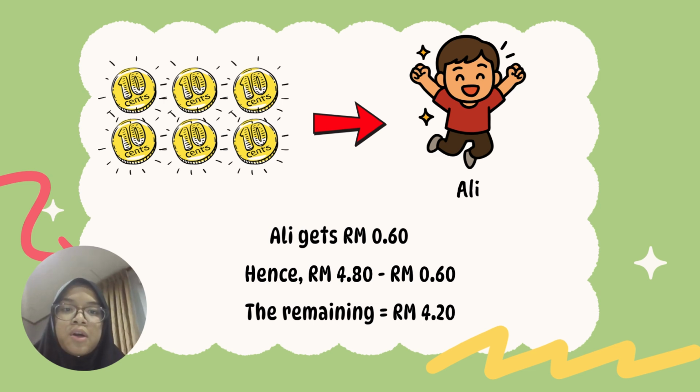Here, we start with the first person, which is Ali. Ali received 60 cents. So we subtract 60 cents from the total amount, which is 4 ringgit and 80 cents. So 4 ringgit 80 cents minus 60 cents equals 4 ringgit and 20 cents remaining.